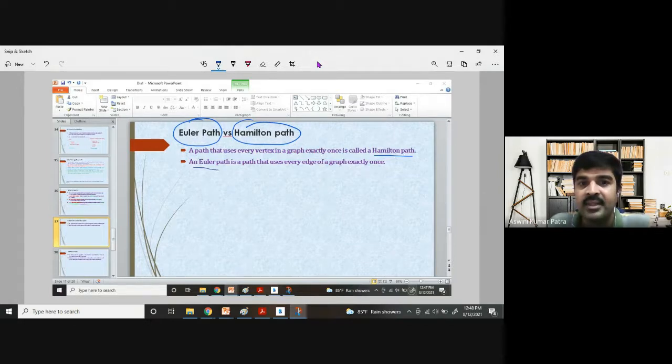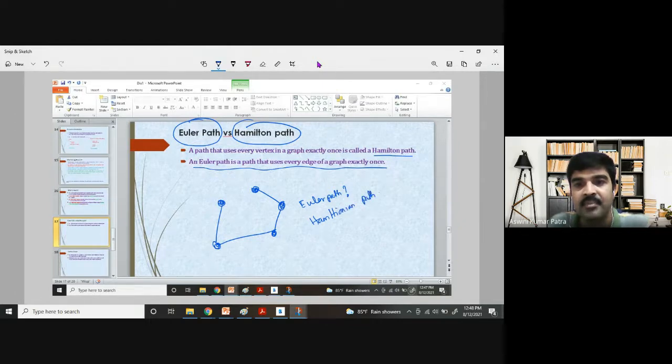An Euler path is a path that uses every edge of a graph exactly once. Okay. If I ask you, given a graph like this, whether this graph has an Euler path, whether this graph contains a Hamiltonian path.